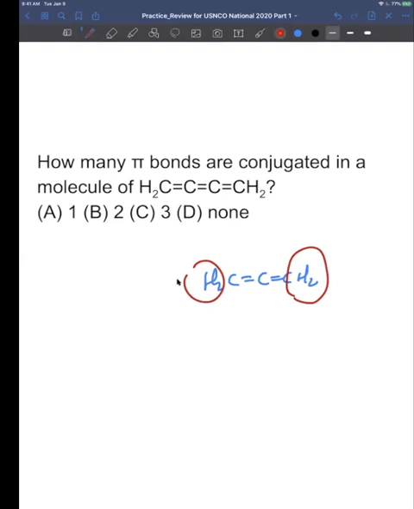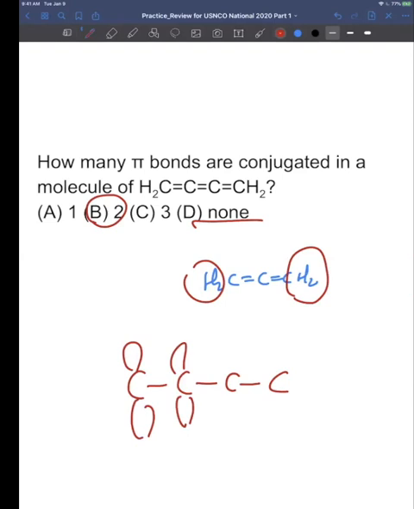It is a little bit surprising. The correct answer is B. Why not C? Some of you chose none. I didn't quite understand this. Think about 4 carbons, 3 double bonds. So it will be like this, right?